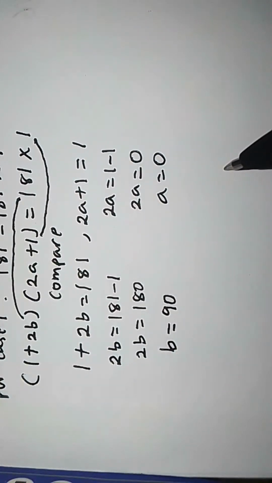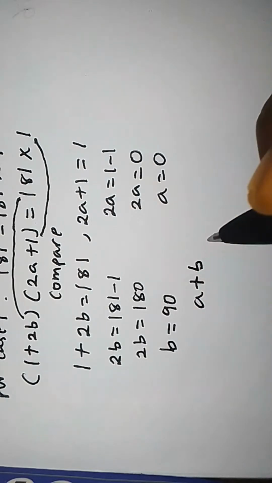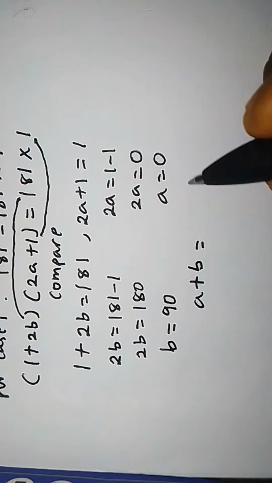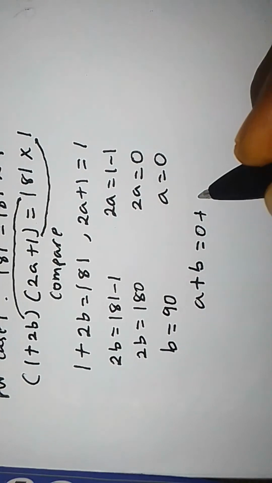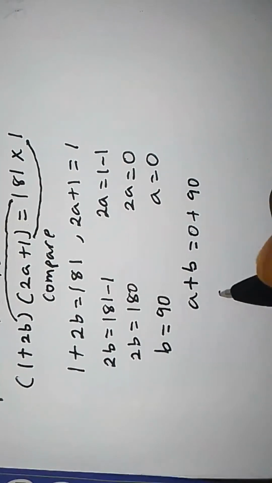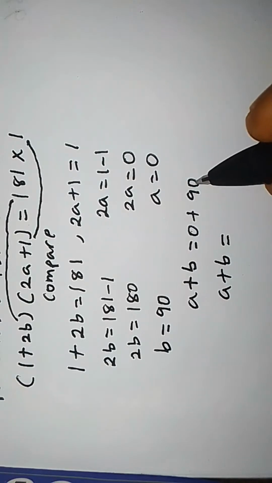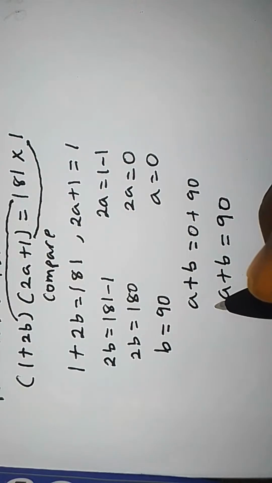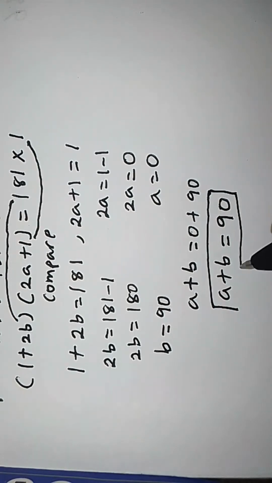But our goal is to find a plus b. So let us simply add the values we got. a plus b is equal to 0 plus 90, that is 90. This is the first solution.